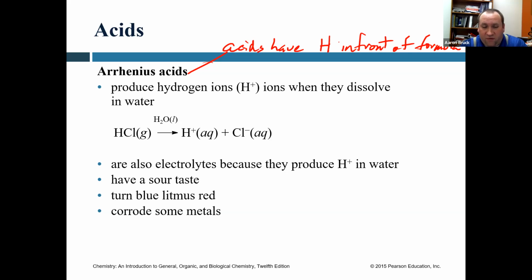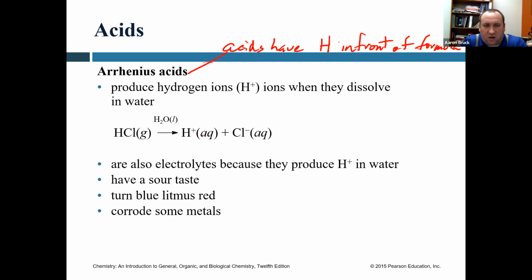The definition goes on to take on the idea that the hydrogen itself is going to be produced when that acid dissolves in water. So we take something like hydrogen chloride, which exists as a gas outside of water, put it into the water, and it dissolves and creates hydrogen ions and chloride ions.